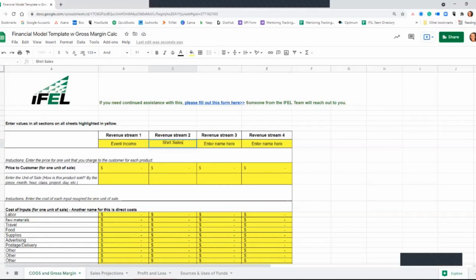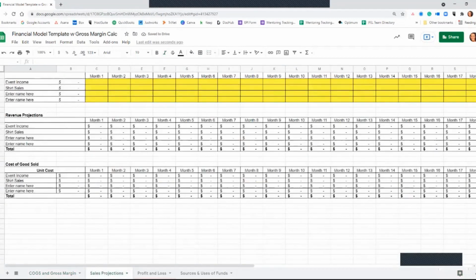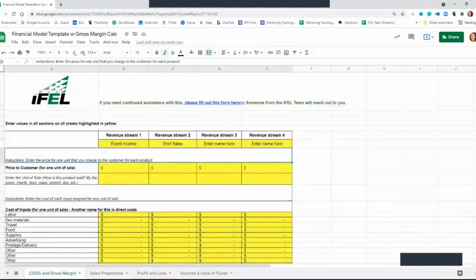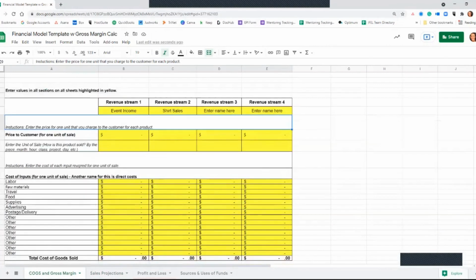All right, you get the point. So that will actually end up transferring over to this sheet here under sales projections. So going back here, you want to just walk them through this and how to think about cost of goods, the cost of what it is they are selling.